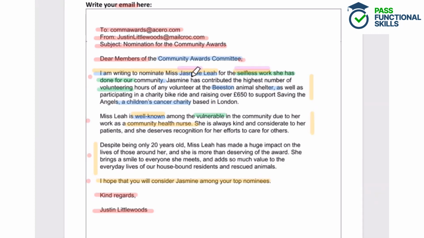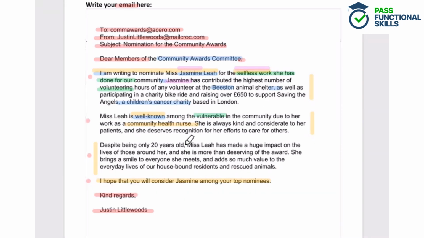So we're mentioning Jasmine again in the second sentence and we're describing this selfless work. So those sentences work really well in that order. So Jasmine has contributed the highest number of volunteering hours of any volunteer at Beeston Animal Shelter, as well as participating in a charity bike ride and raising over £650 to support this charity.